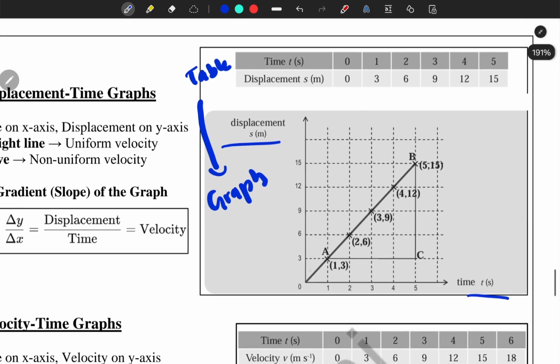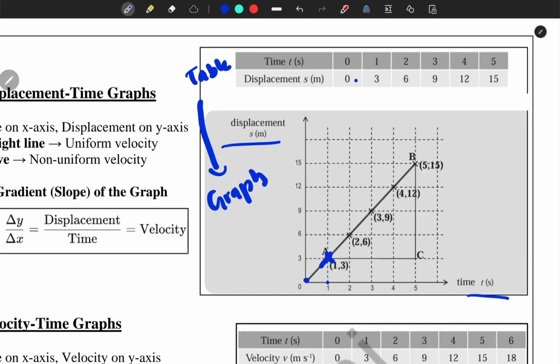So you can see at 0 seconds its displacement is 0, so that is the point. At the first second the displacement is 3, that means you have to go above and label this point.